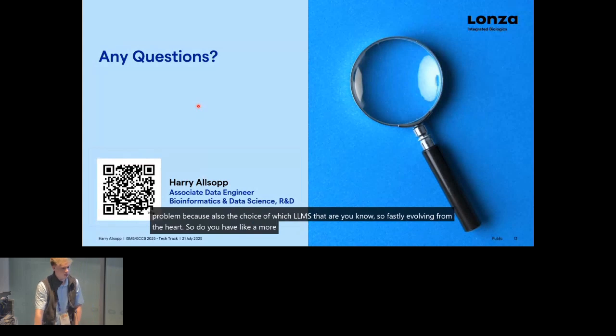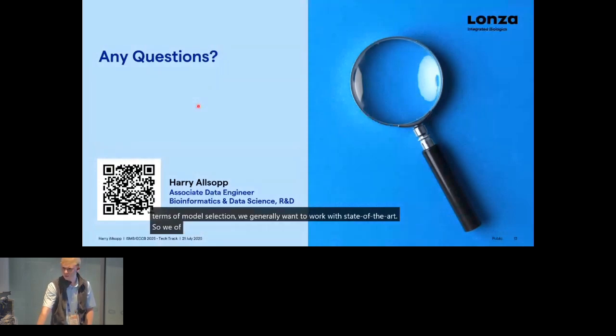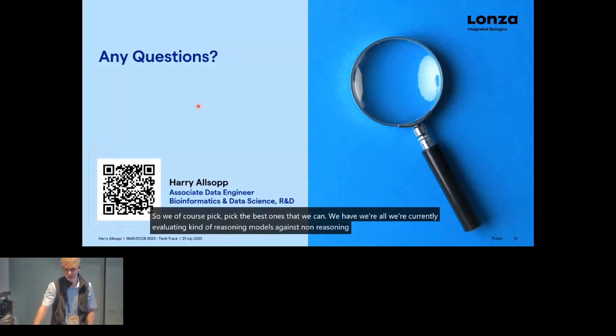Well, in terms of model selection, we generally want to work with state of the art. So we, of course, pick the best ones that we can. We're currently evaluating reasoning models against non-reasoning. Reasoning models tend to perform a bit better, but only for some of the agents, some of the layers that I described on the other slide.